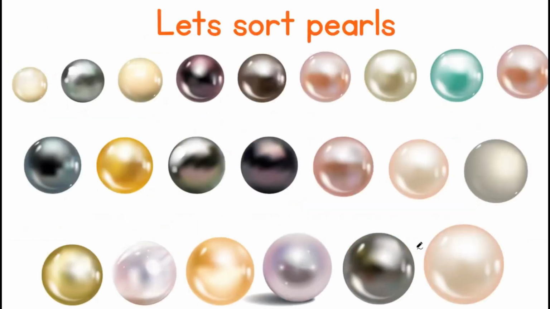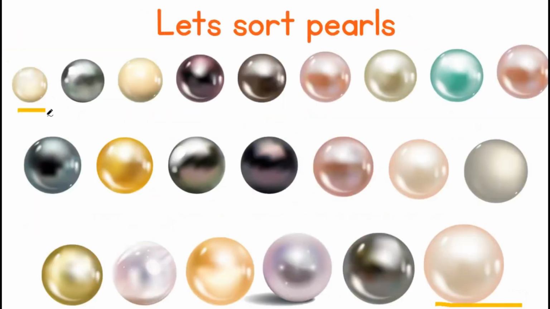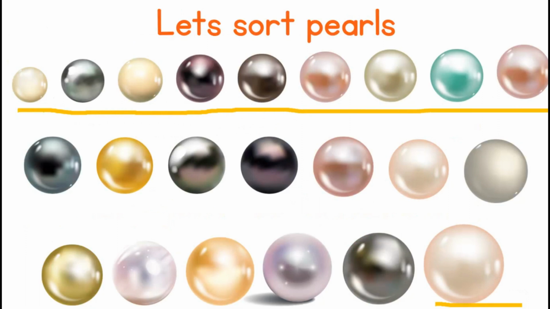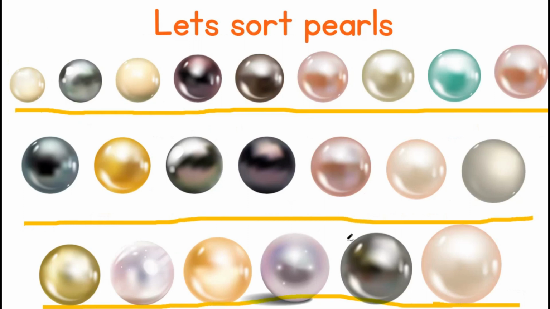As you can see, we have lined them up from smallest all the way to biggest. Now they don't look all over the place like they did up here. We are able to see which are the smaller ones, which are the bigger ones, and which are the medium-sized ones.